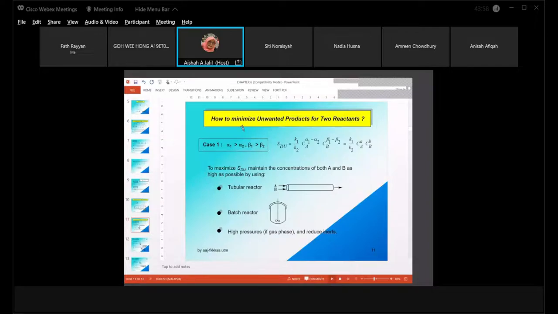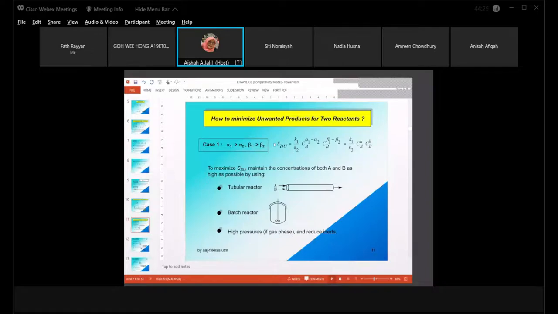Case one, when alpha 1 is larger than alpha 2 and beta 1 is larger than beta 2. Let's use the same notation: alpha 1 minus alpha 2 equals a, beta 1 minus beta 2 equals b. So case one, when this is larger, you get SDU equals K1 over K2, Ca to the power a, Cb to the power b.